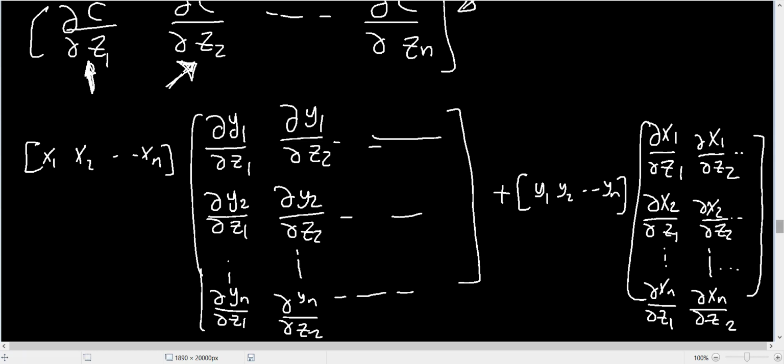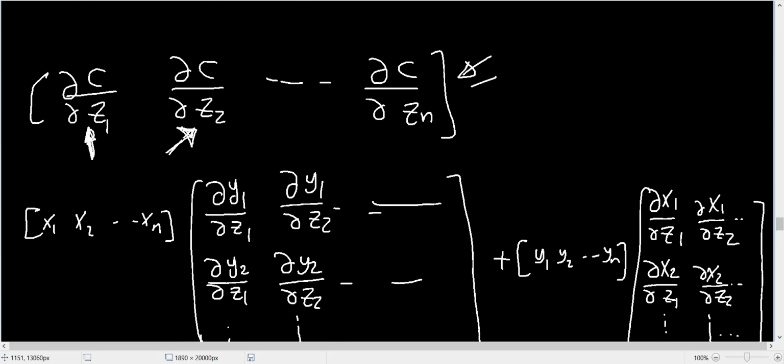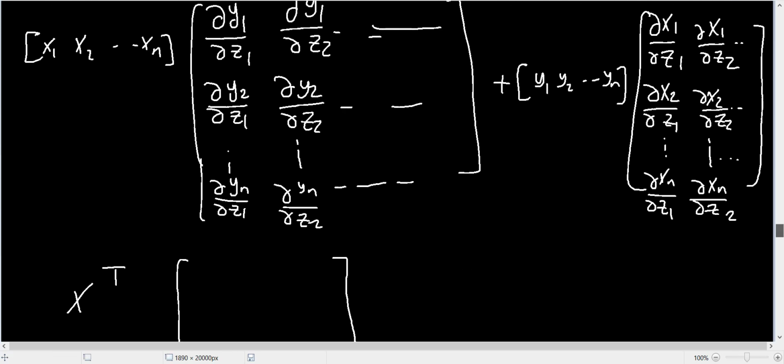Now it's clear that this is really equal to x transpose multiplied by a matrix. Remember that a row multiplied by a matrix will give you a row, just as expected here. The first row of this matrix is the gradient of y1 with respect to the vector z.